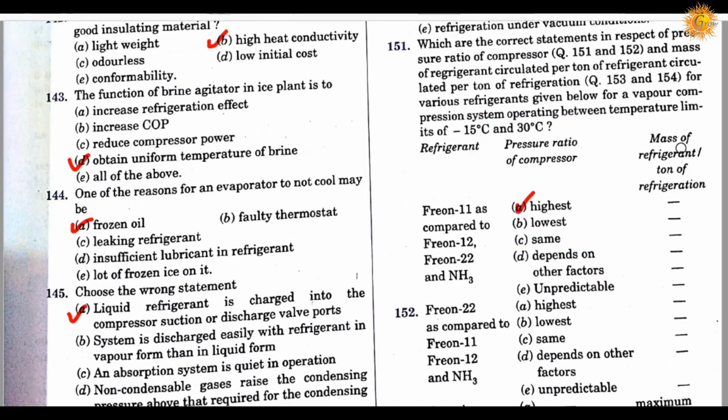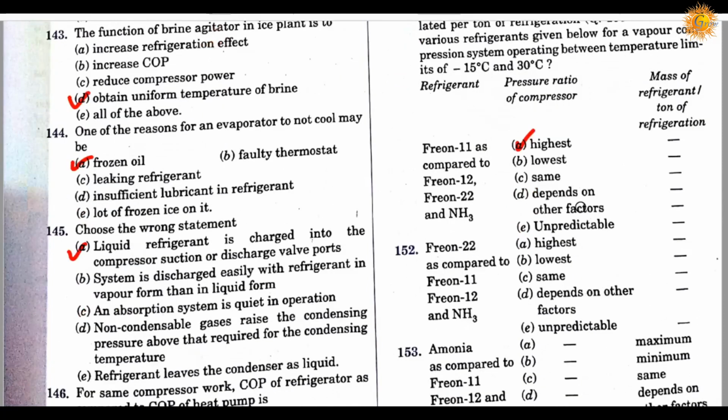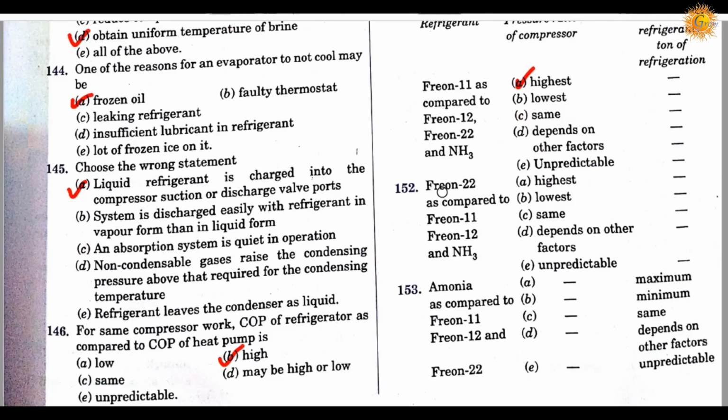And here is the mass of refrigerant per ton of refrigeration. In the same question 152, Freon 22 as compared to Freon 11, Freon 12 and ammonia. So the correct answer of question 152 is also B, the lowest.